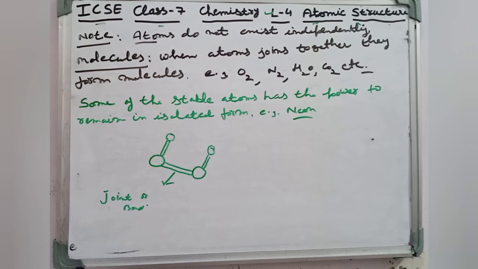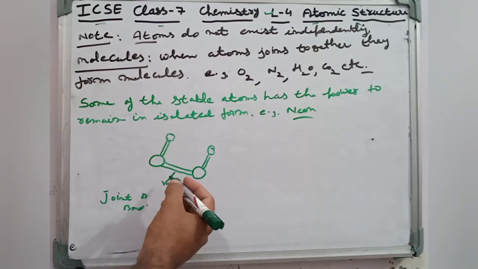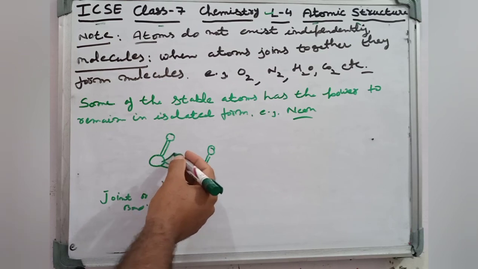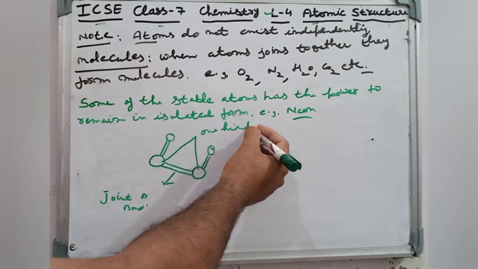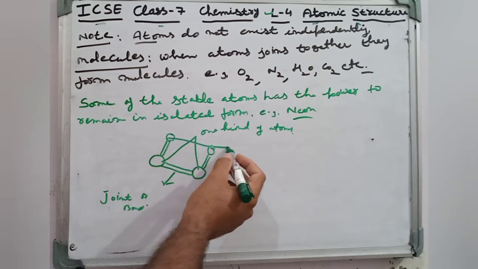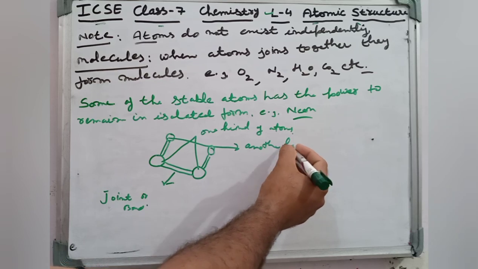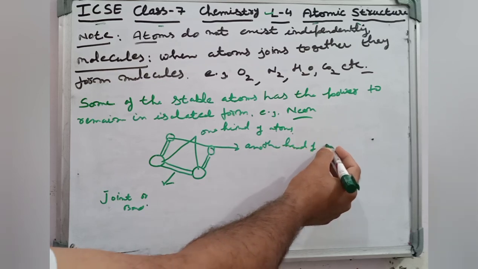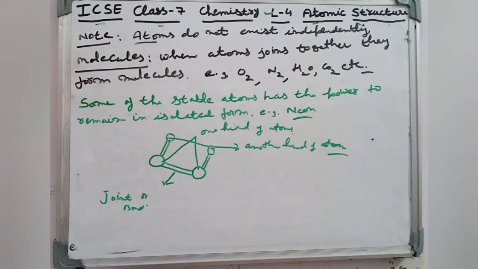These big circles are one kind of atom, and these two small ones are called another atom. They can be understood by this model. This is called a ball and stick diagram.